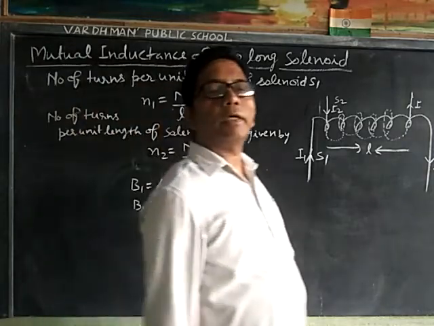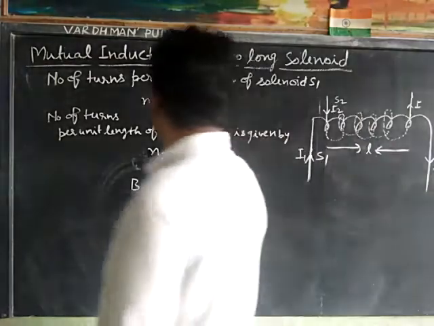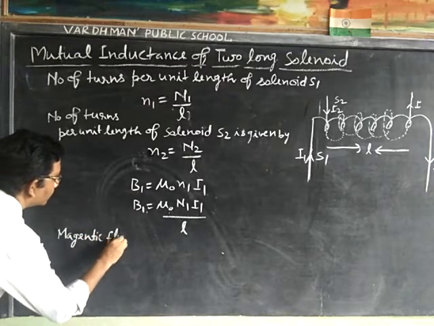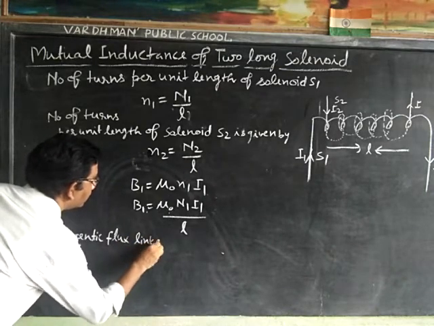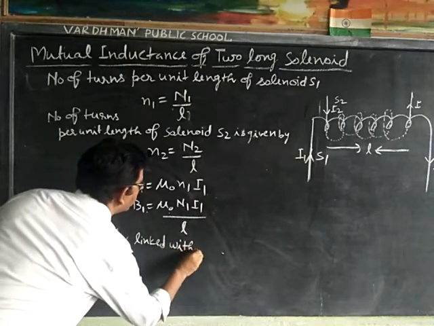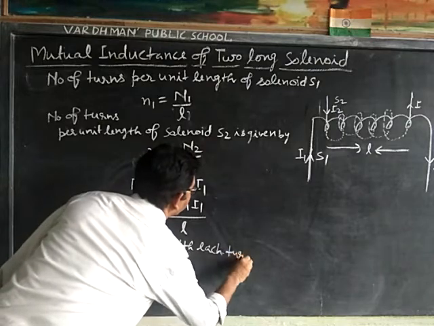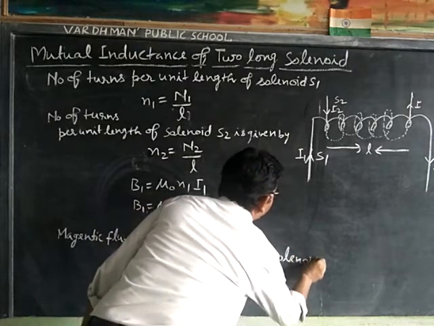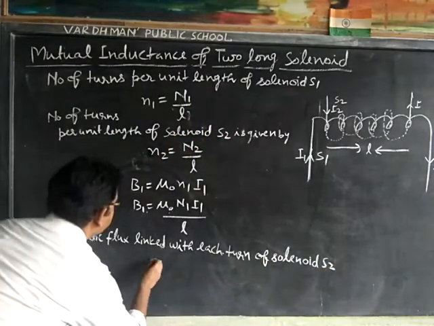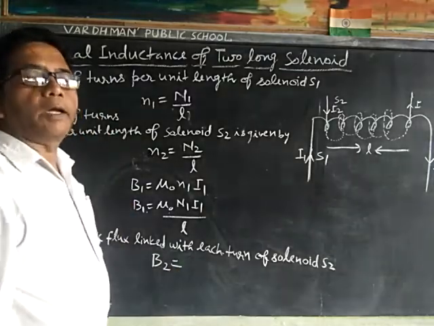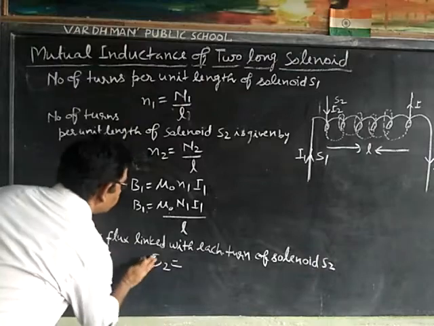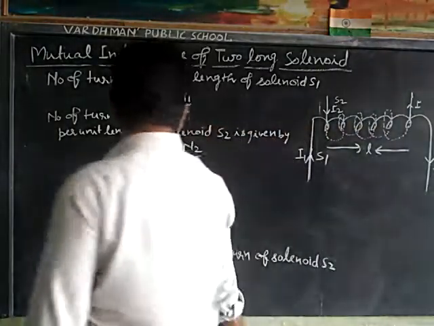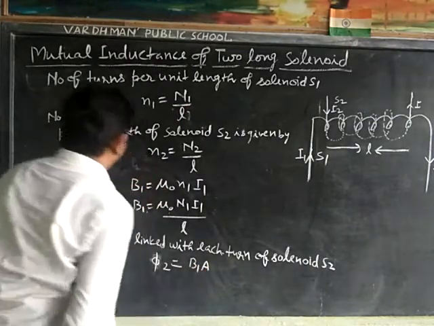Now, the magnetic flux linked with each turn of solenoid S2, that is phi 2, is equal to B1 A. What is the value of B1?